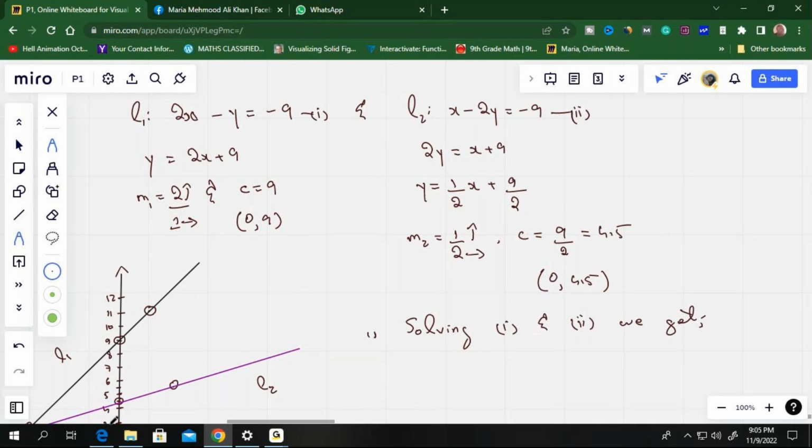That's part 2 I'm doing here. In order to eliminate y, I have to make the coefficients of y same, so I will multiply my first equation with 2. That gives me this, and then I write my second equation as it is. Both signs are same, so I'm going to subtract these two equations.